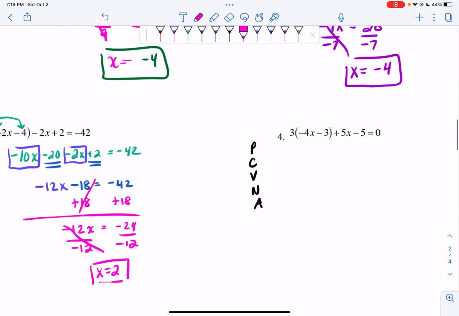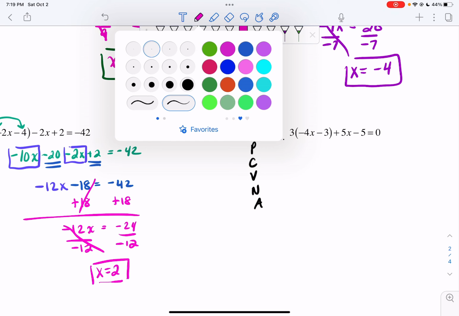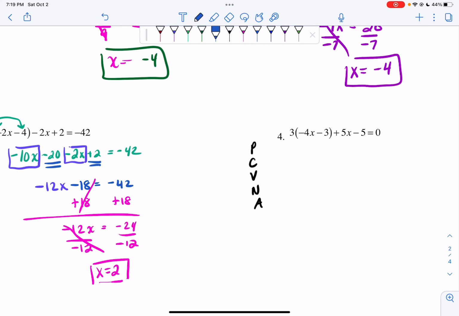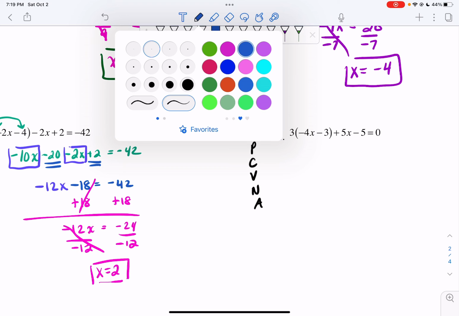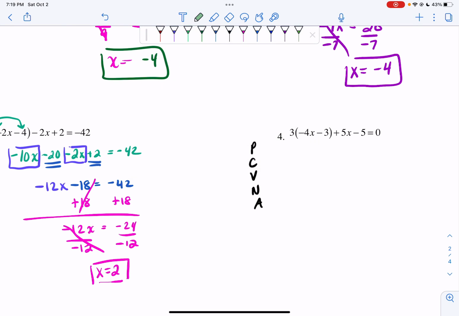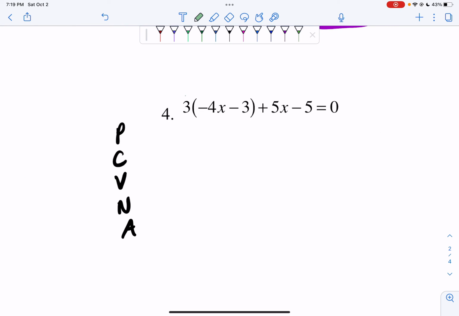Number 4, final one. 3 times negative 4x minus 3 is equal to 3 times negative 4x minus 3 plus 5x minus 5 is equal to 0. I have parentheses, so I have to distribute that 3 to each term on the inside. 3 times negative 4x is negative 12x. 3 times negative 3 is minus 9.